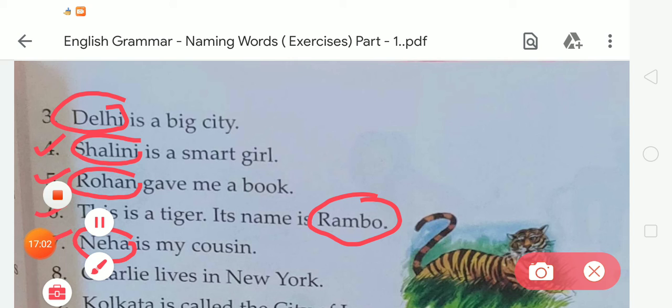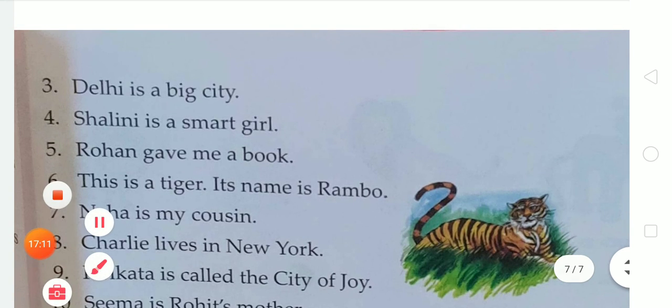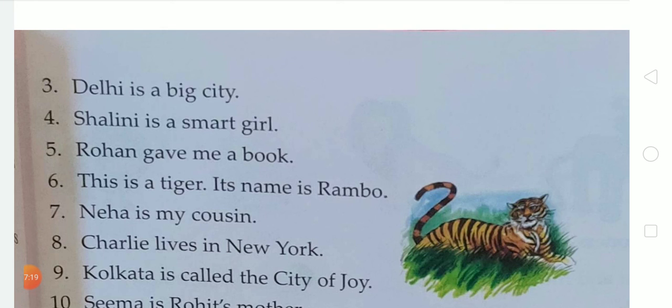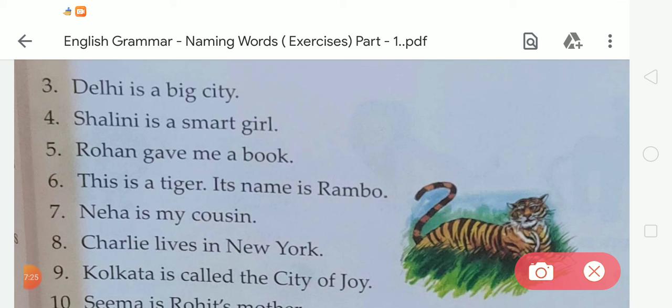First is Charlie and second is New York, because both begin with a capital letter. In Charlie you can see the first letter C begins with a capital letter, and New York also begins with a capital letter. So we have to circle both words, first Charlie and second New York.